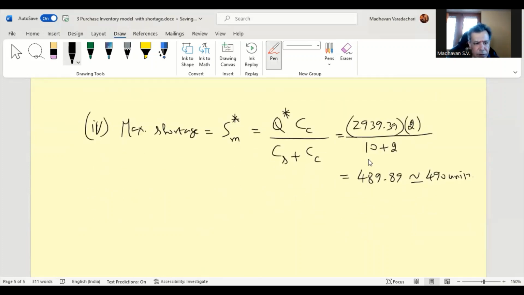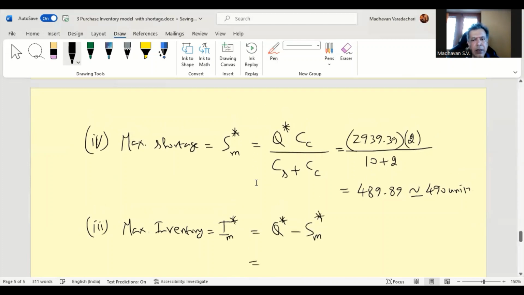Now let us go for the third question, which is maximum inventory. Since we have Q star and SM, this can be calculated easily. I suffix M star, which we know is Q star minus SM star.